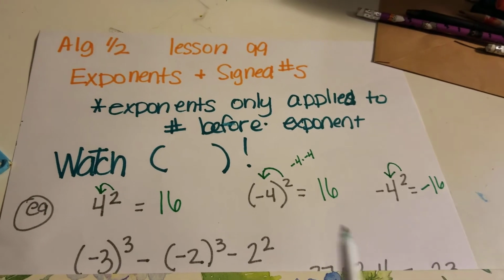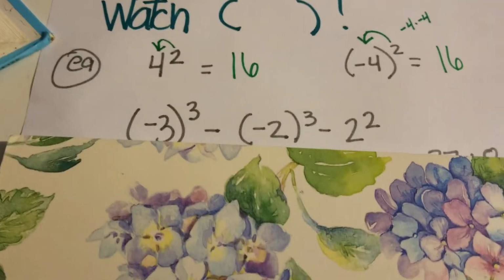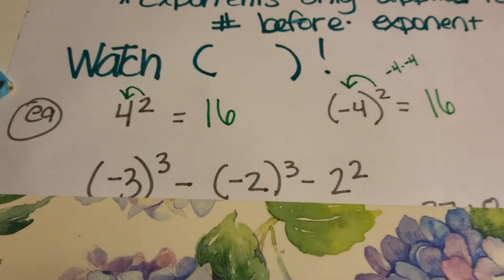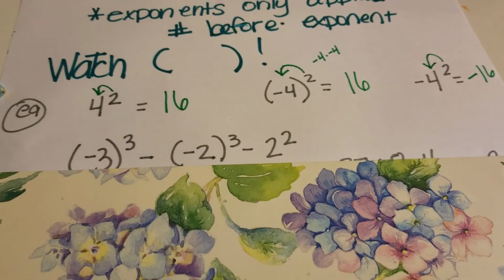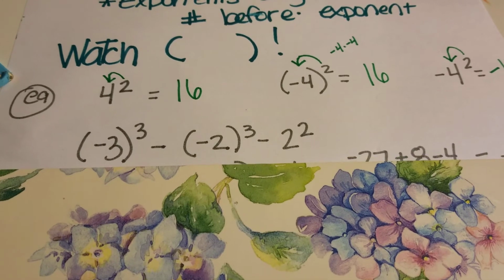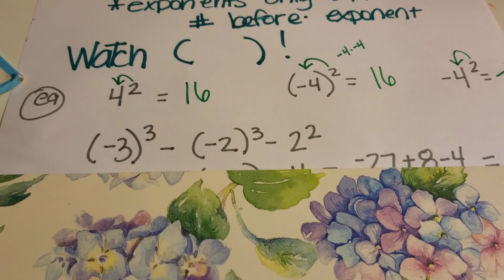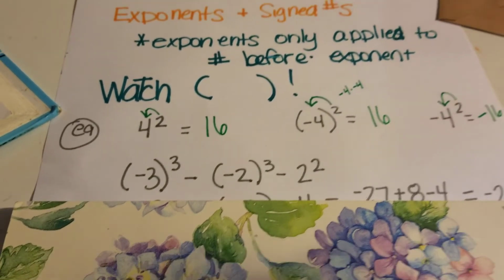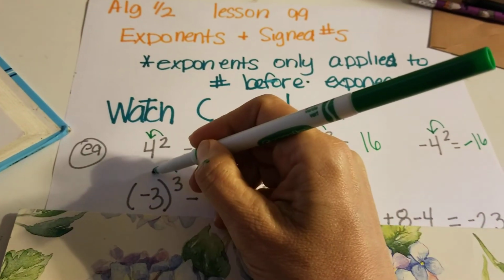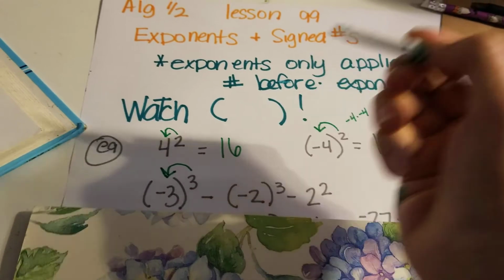Okay. All right, then we have a bigger example here. I kind of did this one for you, I think, so I'm going to go step by step. So we have the problem. I'll draw my arrows. Let's remember that the 3 here gets applied to the negative 3 there.